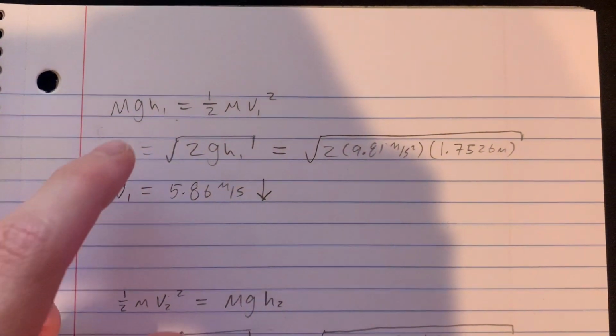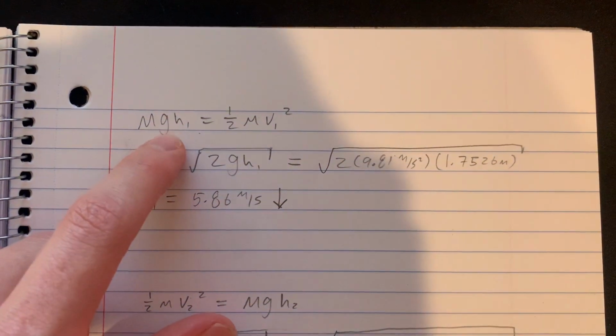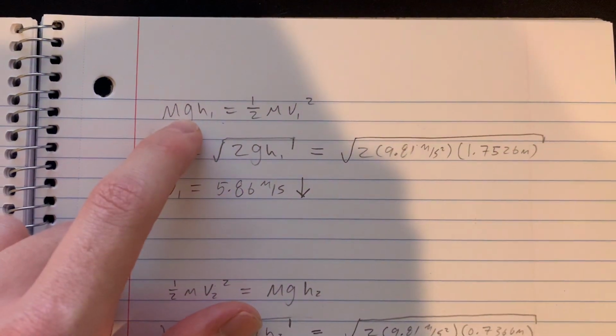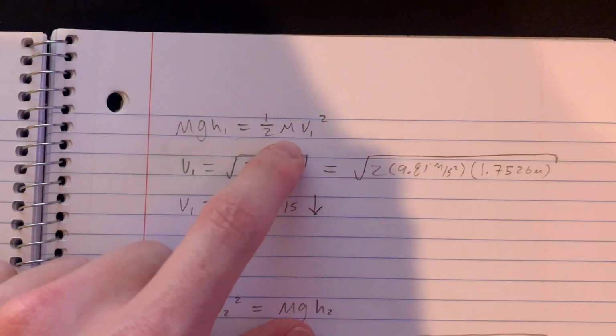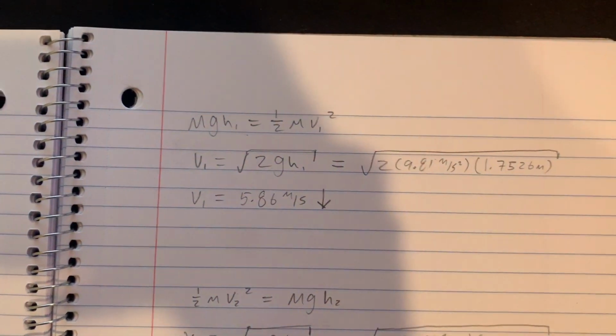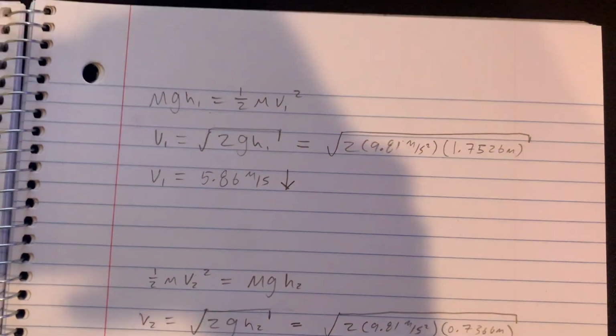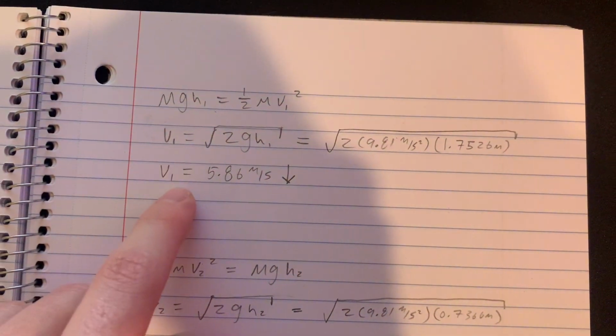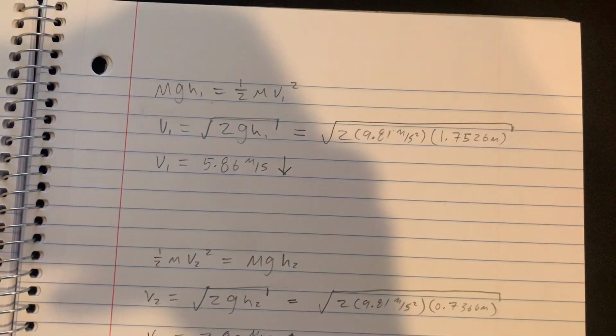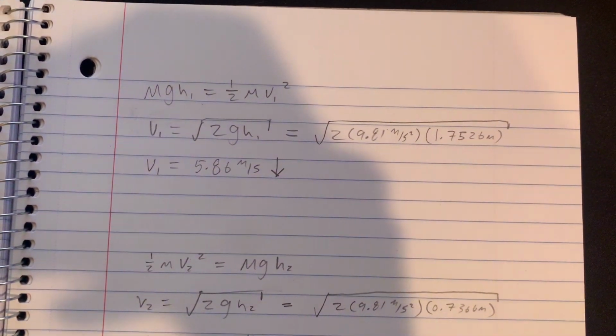And to do that, I've just set my height, or the potential energy of the ball at my height, equal to the velocity before it hits the ground. And solving for velocity 1, we get that value is equal to 5.86 meters per second down, or negative 5.86 meters per second.